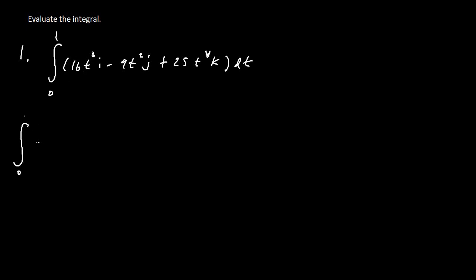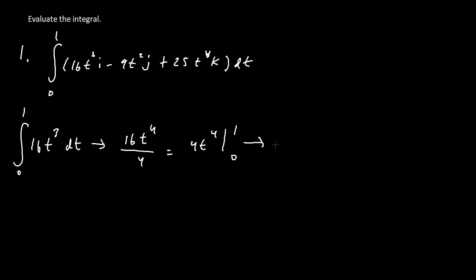So the integral from 0 to 1 of 16t cubed dt is going to be equal to 16t to the fourth over 4, so we're left with 4t to the fourth. And we're going to evaluate from 0 to 1. So when I plug in 1, we'll just get 4, and then minus when I plug in 0, we'll get 0. So we're left with 4. So we're left with 4i as our x component.